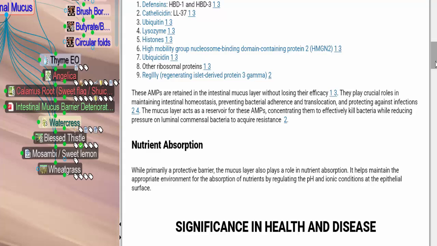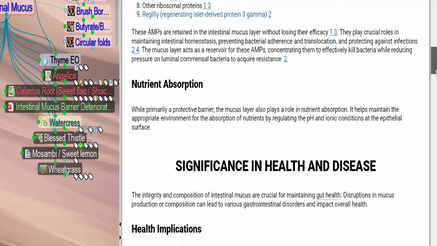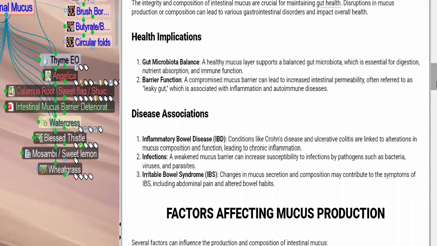It helps maintain the appropriate environment for the absorption of nutrients by regulating the pH and the ionic conditions at the epithelial surface. As far as significance in health and disease, health implications, well, a healthy mucus layer supports a balanced gut microbiome, and we know how important that is.